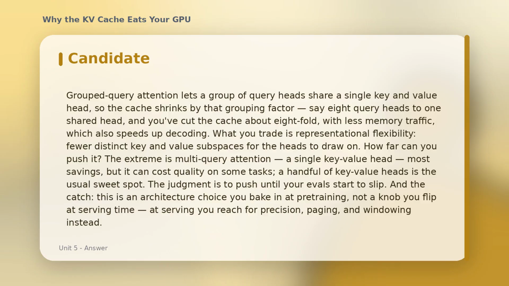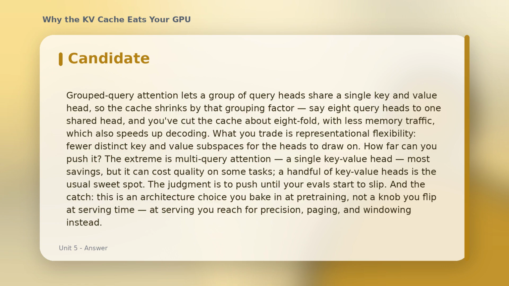Grouped query attention lets a group of query heads share a single key and value head. So the cache shrinks by that grouping factor. Say 8 query heads to 1 shared head, and you've cut the cache about 8-fold with less memory traffic, which also speeds up decoding. What you trade is representational flexibility, fewer distinct key and value subspaces for the heads to draw on. How far can you push it?